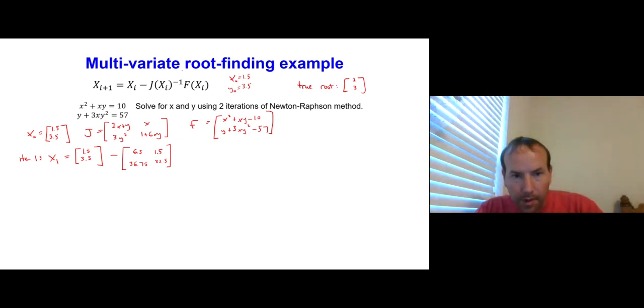Remember from the equation that this is actually the inverse. And then we're multiplying that by f. If we plug 1.5, 3.5 into f, we should get negative 2.5 and 1.625.